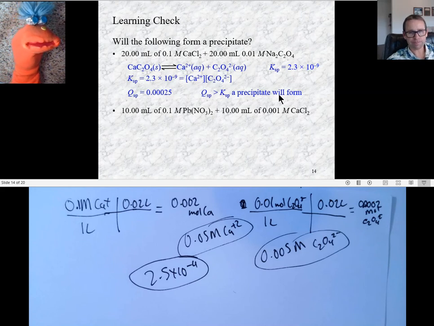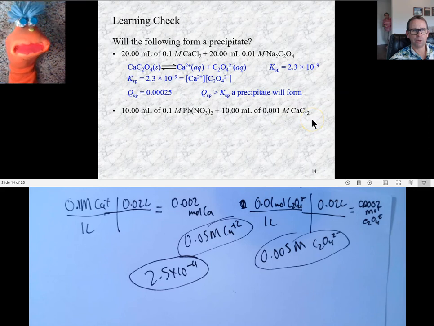All right, here's another one. Same thing. You have to find the molar concentration of the lead ion, the molar concentration of the, what is it going to precipitate with over here? Oh, the chloride ion, lead chloride. Very good. Be aware that the chloride ion concentration is not going to be 0.001 because there's 2 chlorides for every calcium chloride, right?